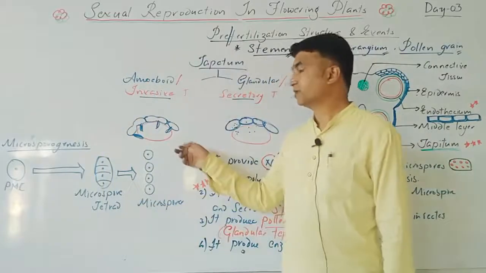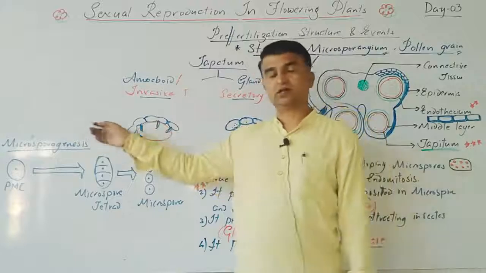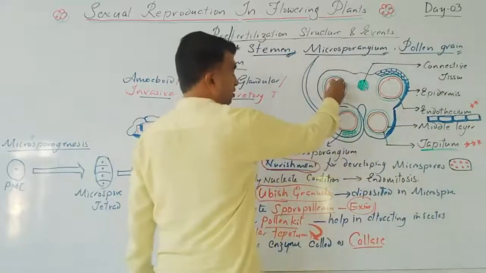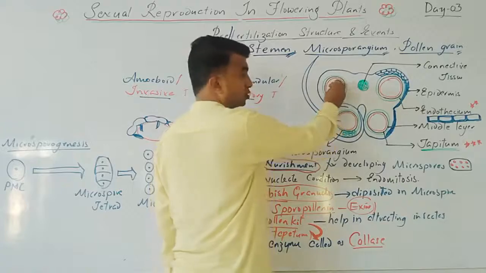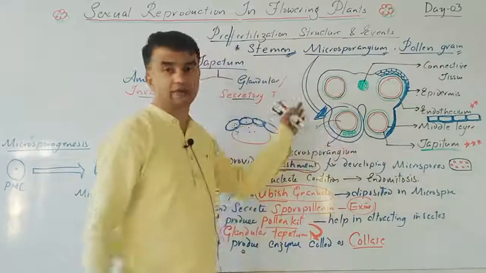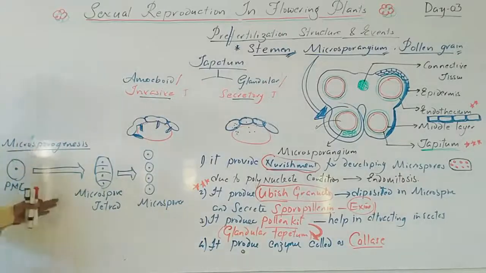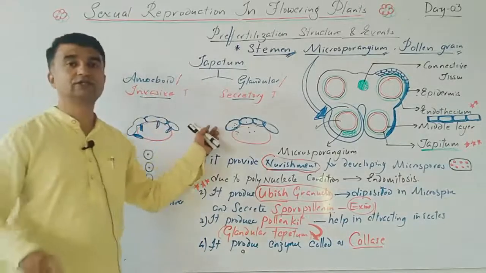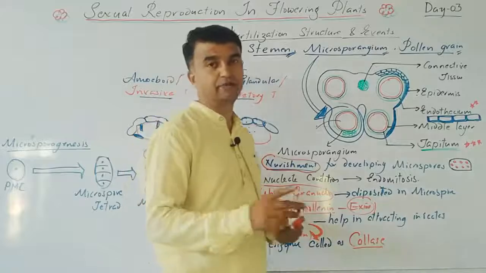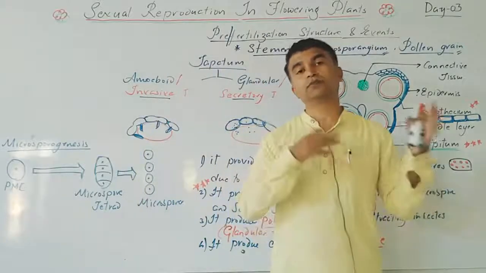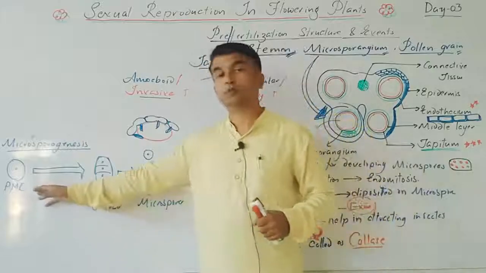Next is the microspores. How are the microspores produced inside the microsporangia? Gradually, the microsporangia develop into the pollen sac. The archesporial cell divides into the primary parietal cell and the primary sporogenous tissue. The primary sporogenous tissue develops into the microspore mother cell or pollen mother cell.